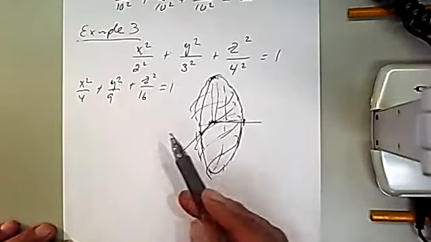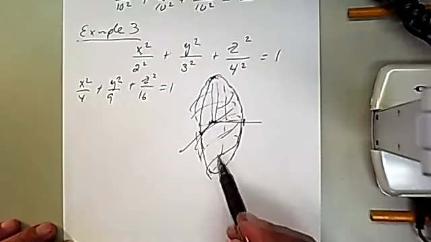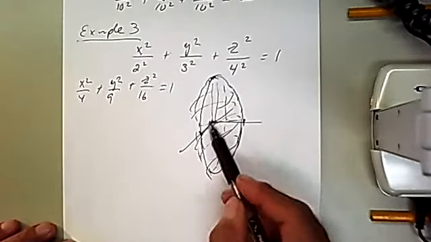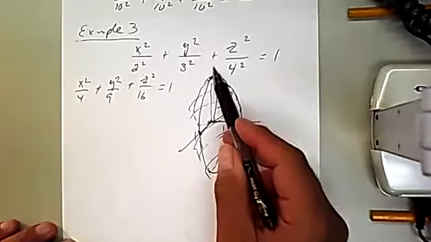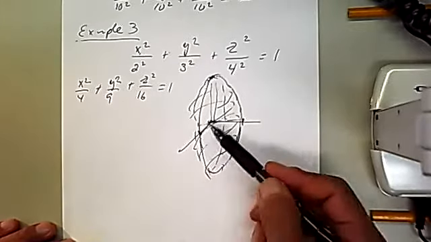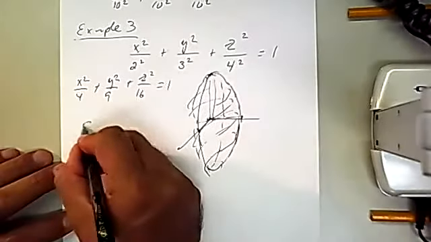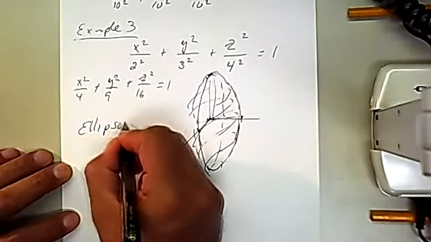So we have a nice, smooth, not a sphere, it's like sort of a stretched sphere so that it's 4 units up and down, but 3 units sideways and only 2 units back and forth. And that is called an ellipsoid.